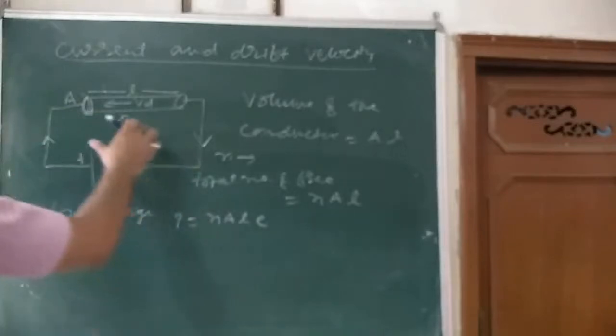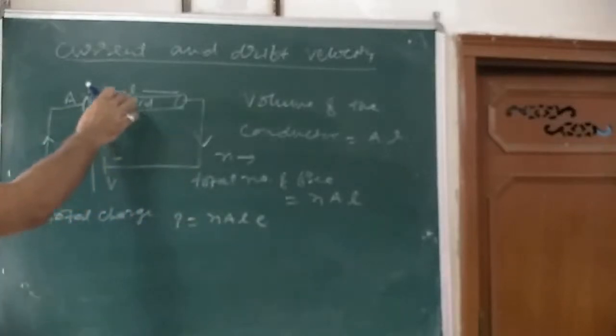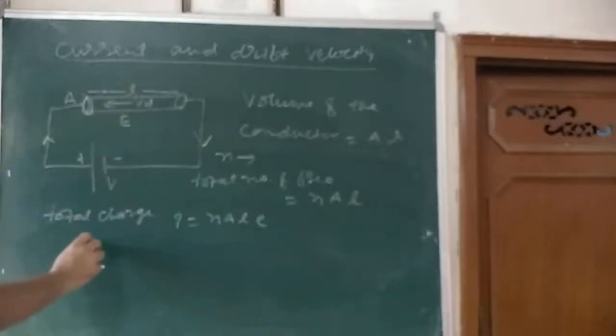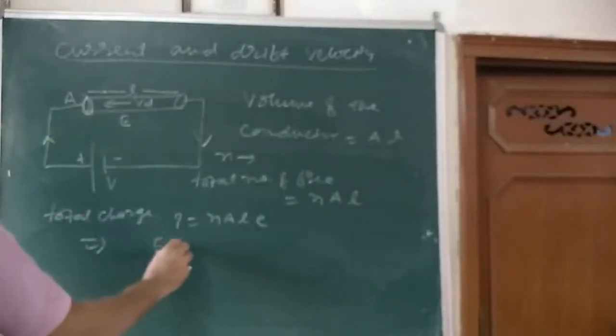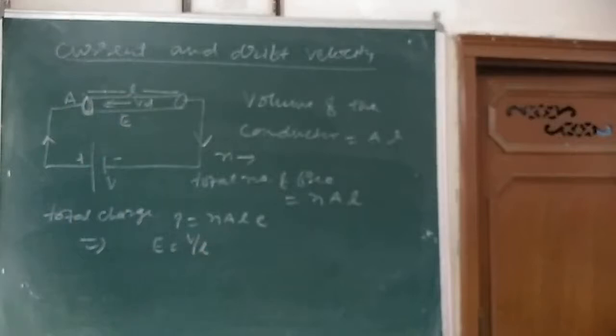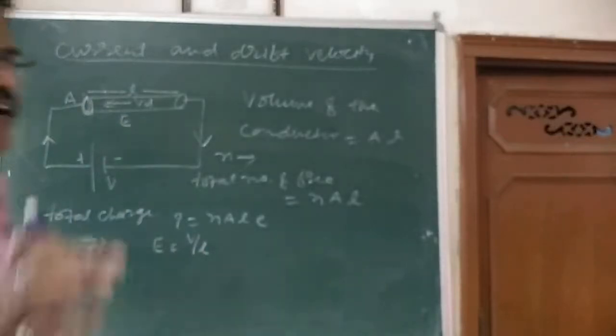Applied potential is V on the length L of a conductor. So I can say the applied electric field here would be V by L. E is equal to V divided by L.